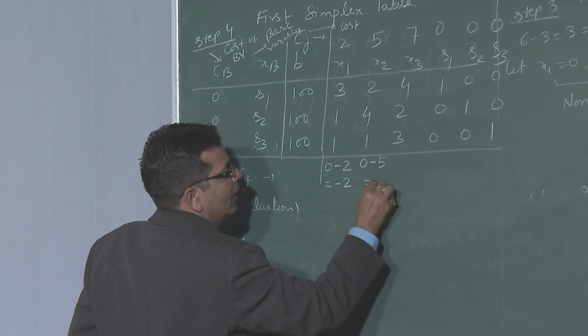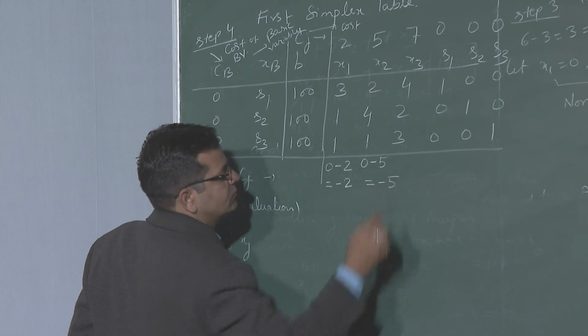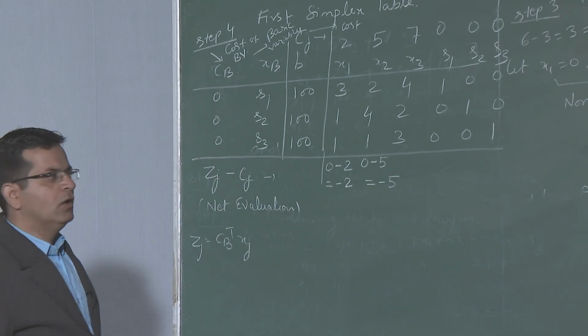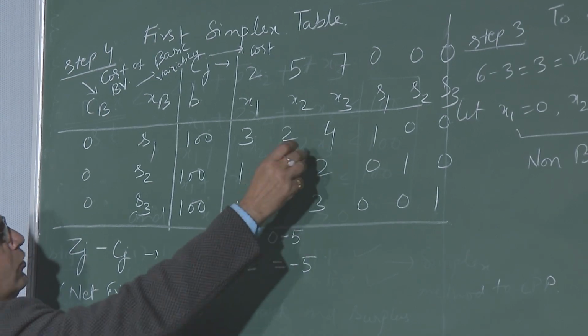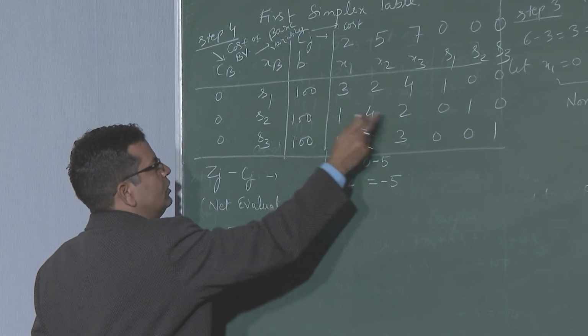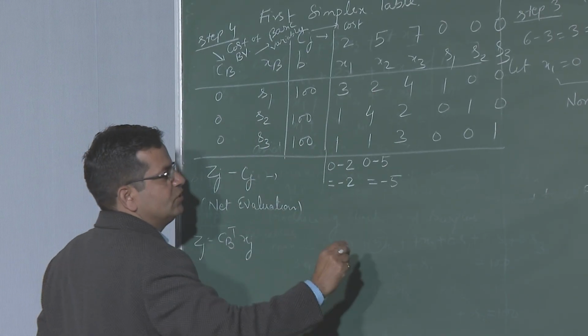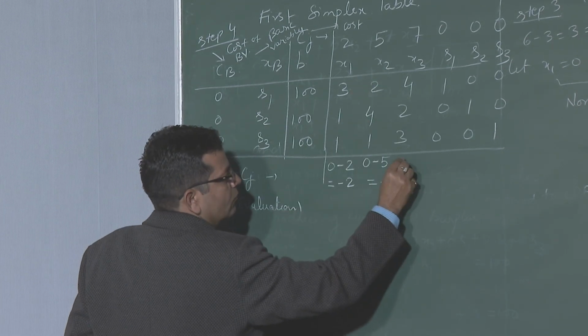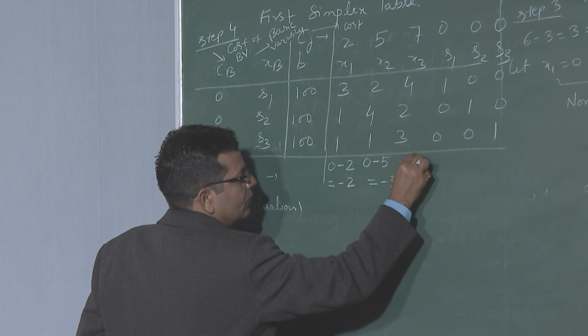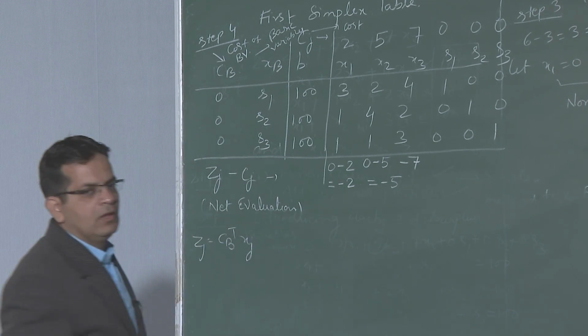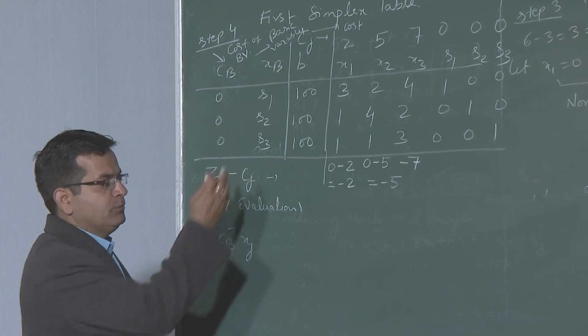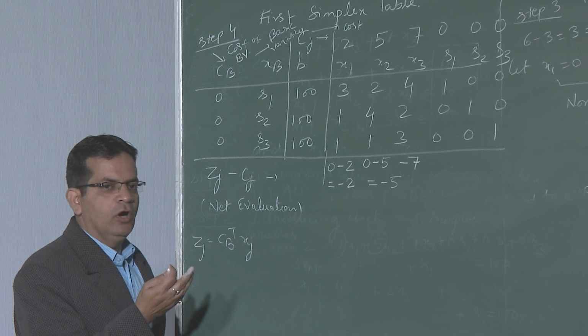So, it becomes minus 5. For the third column the value will be 4 into 0 plus 2 into 0 plus 3 into 0, that is 0 minus 7. So, the value will be minus 7.